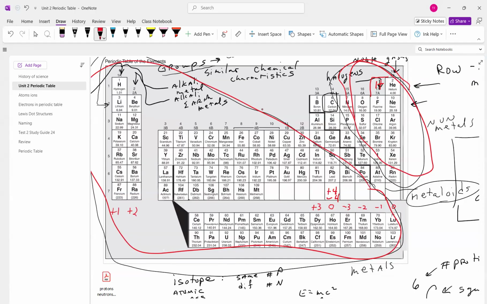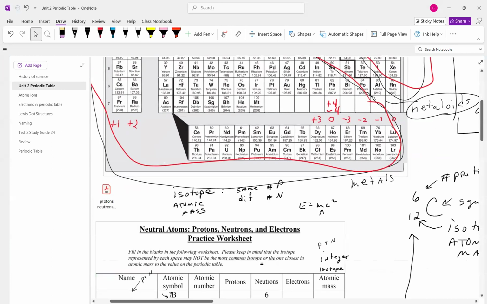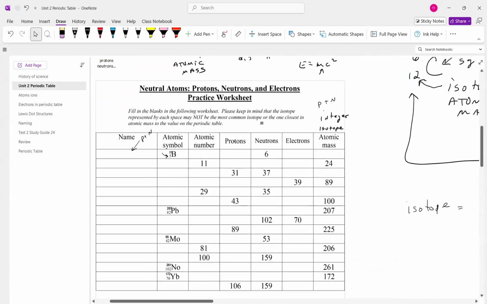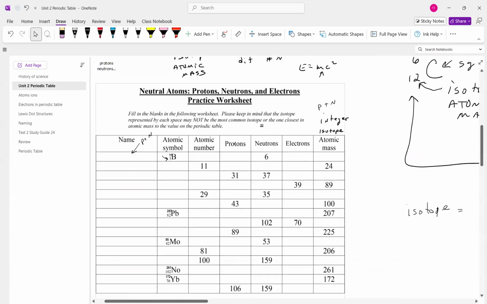Okay, so let's practice this stuff now. All right. This worksheet is in Canvas files. Let's make sure it's in Unit 2.